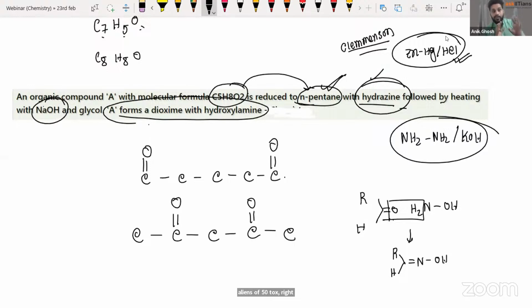Now, what is the right answer? Whether you have two aldehydes or two ketones can be figured out by the molecular formula. So guys, try to draw both the molecules here and see which one matches the molecular formula. Is this one matching the molecular formula, or is this one? Check that.